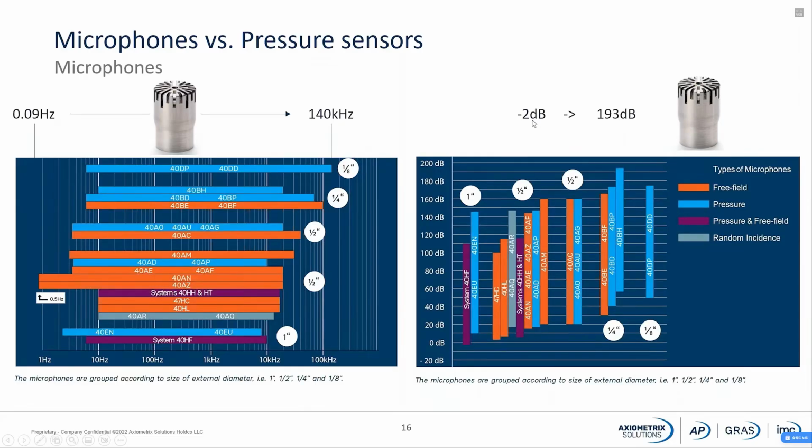And just for your information, that is equal to a variation in the pressure on top of the barometric pressure of 0.000158 microbar. And 193 is equal to plus minus 0.9 bar, roughly. So you can see it is a very big dynamic range a microphone is actually having, going down to very, very low changes in pressure.